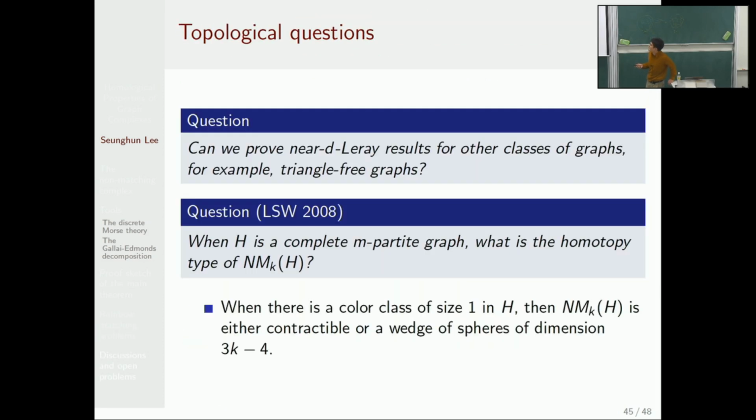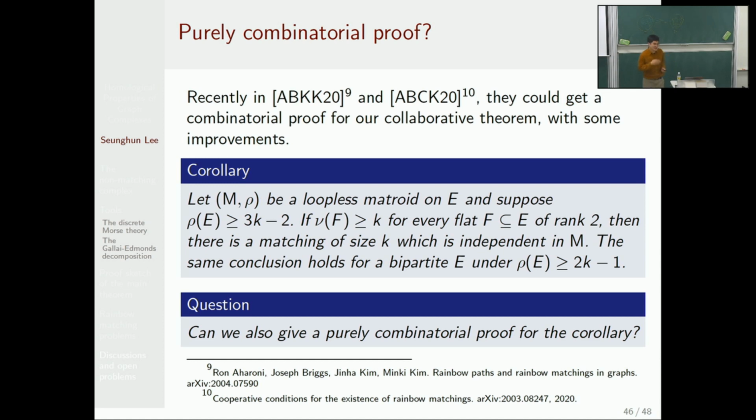So I'm very happy to see that, but I'd like to ask a question: can we have a purely combinatorial proof for the following corollary? This corollary can be obtained by the Leray result and Helly's theorem, by the same argument. And the coloring of the edges, the partition of the edge set, is replaced by just a matroid here.